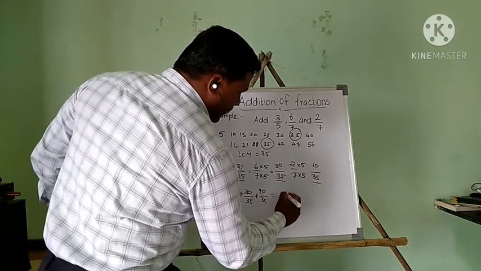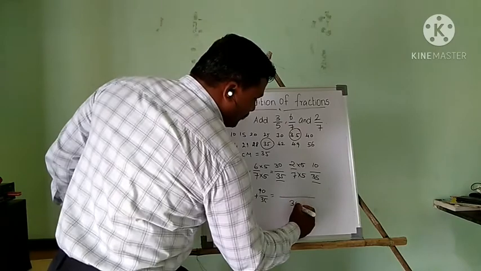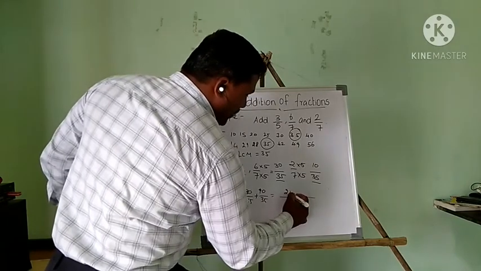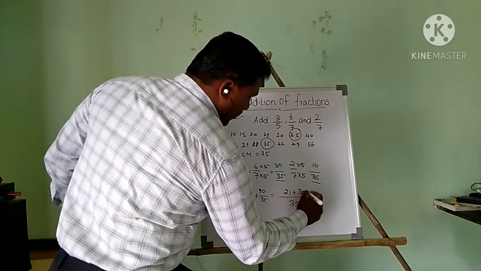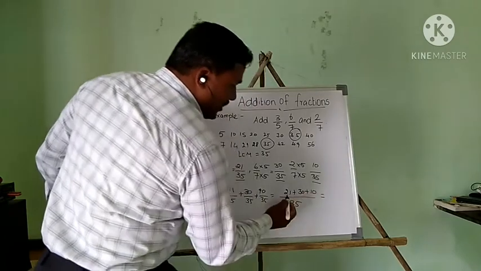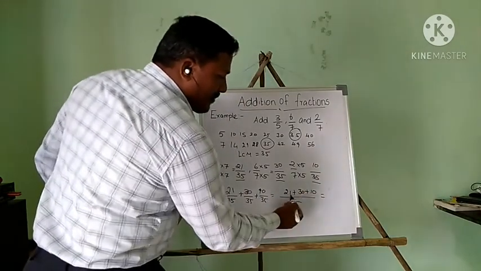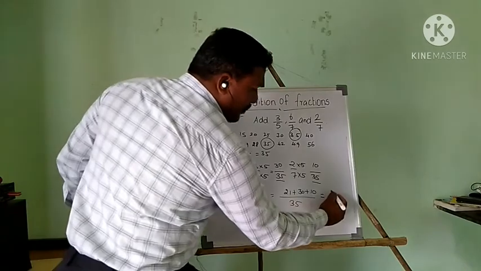So if you take 35 is common, 21 plus 30 plus 10, then 21 plus 30, 51, then 10, 61.